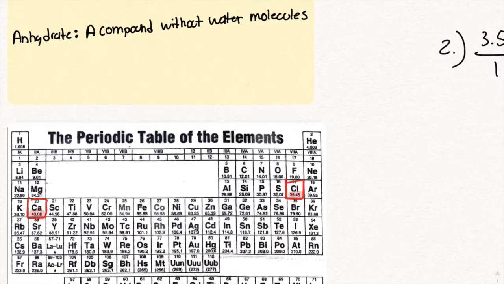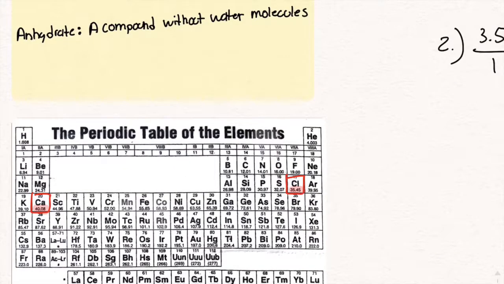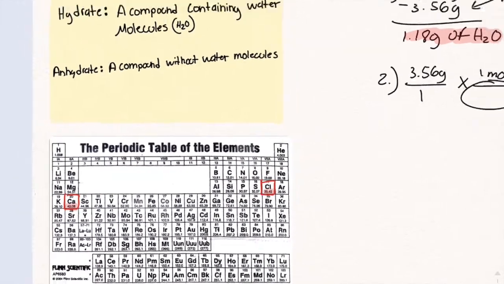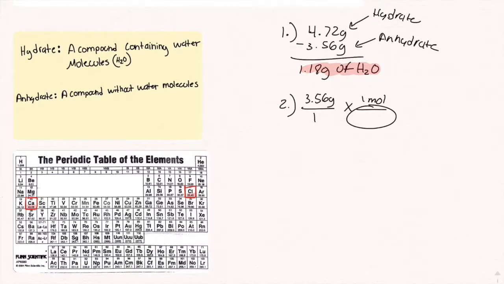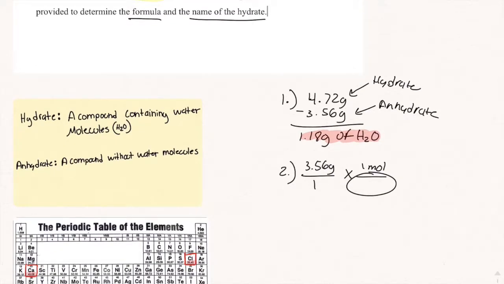I've highlighted here calcium and chloride. And I've also highlighted these smaller numbers, 40.08 and 35.45. These numbers are going to be important because they signify the mass. Our overall goal in this step is to convert the mass of the anhydrate, which is calcium chloride, to moles.